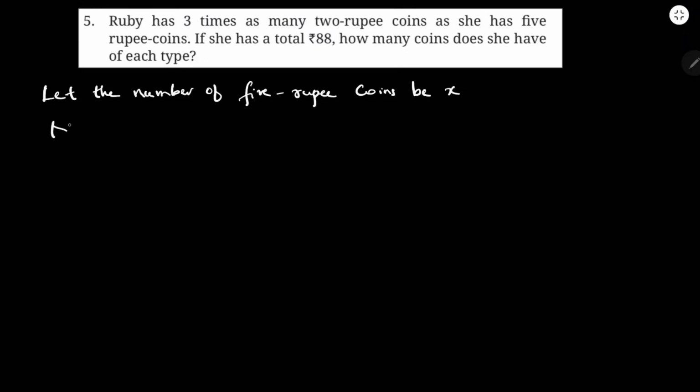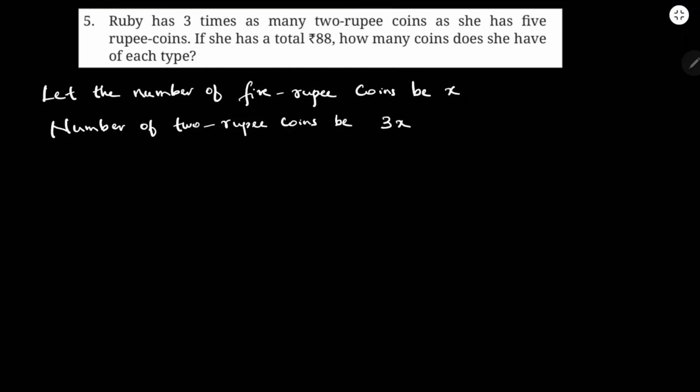Then the number of 2 rupee coins, because she told 3, here the question is Ruby has 3 times as many 2 rupee coins as she has 5 rupee coins. So let the number of 2 rupee coins be 3x.